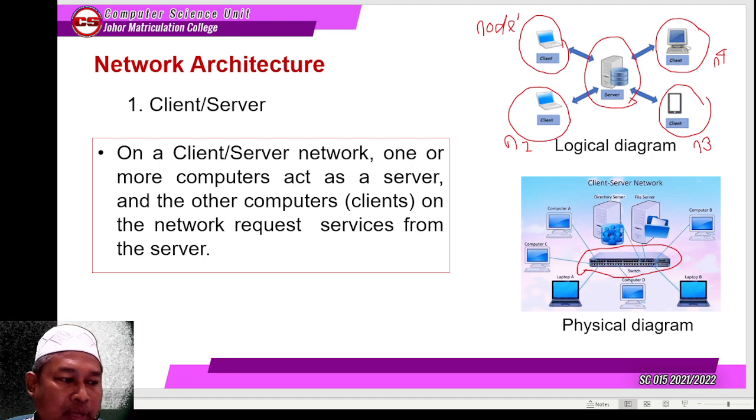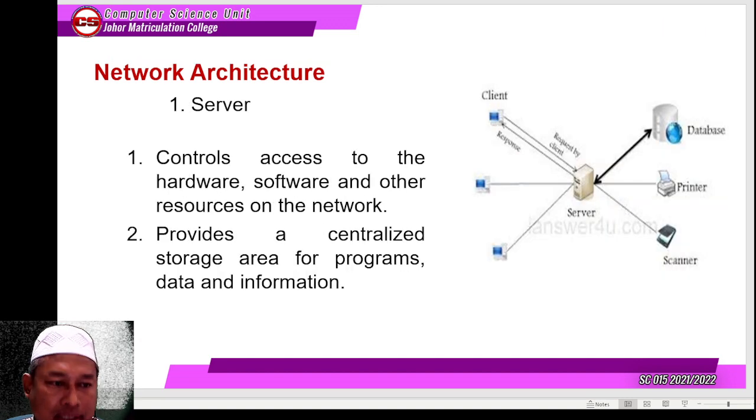Okey, saya harap anda faham apakah client server. Dan apakah server? What is a server? Server will control access to the hardware, software and other resources on the network. So server must be a control to the entire network.